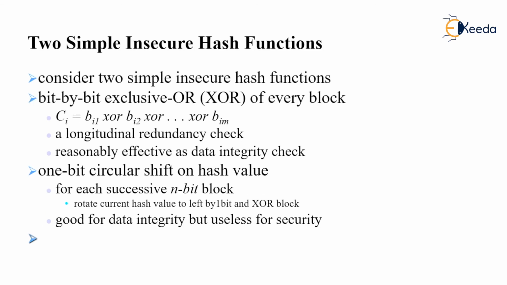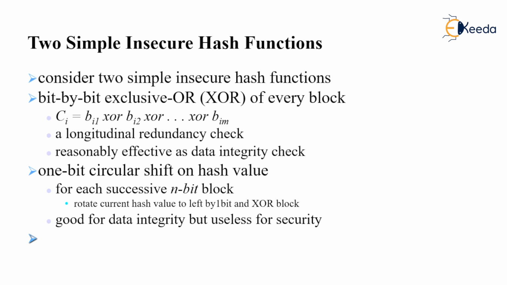Two simple insecure hash functions are there. One considers the bit-by-bit exclusive OR of every block, wherein we can have a longitudinal redundancy check, and it is reasonably effective as a data integrity check. The other function which is insecure is the 1-bit circular shift on the hash value.